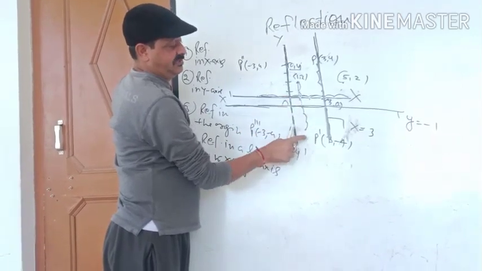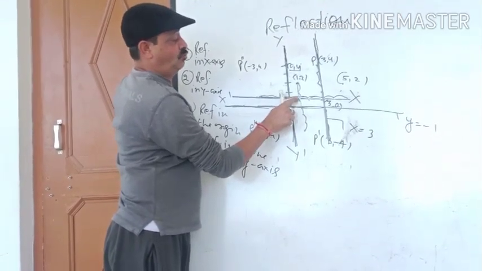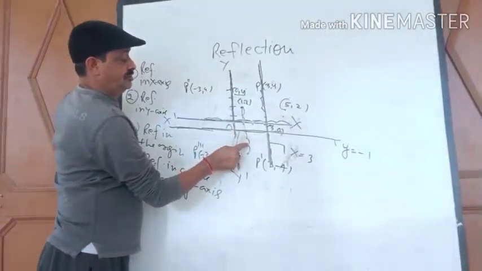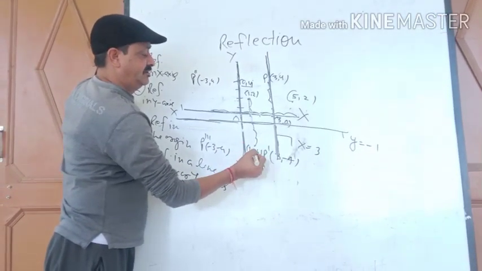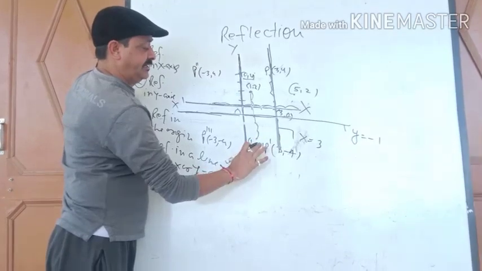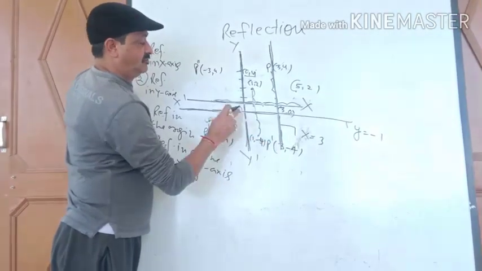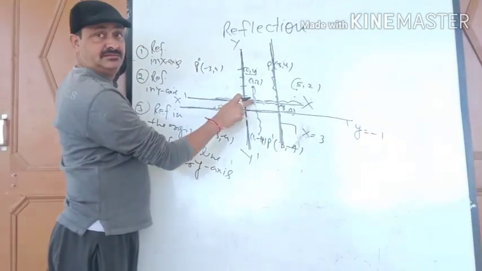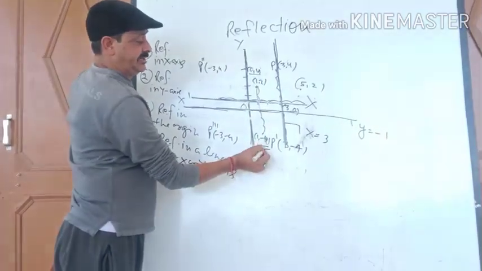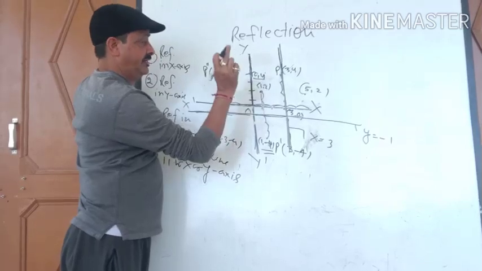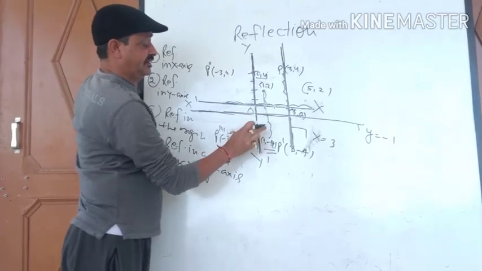So the coordinates of this point are 1, then 1, 2, 3, 4, that is 1, -4. You will always measure coordinates of a point from the origin. 1, then from here 1, 2, 3, 4.